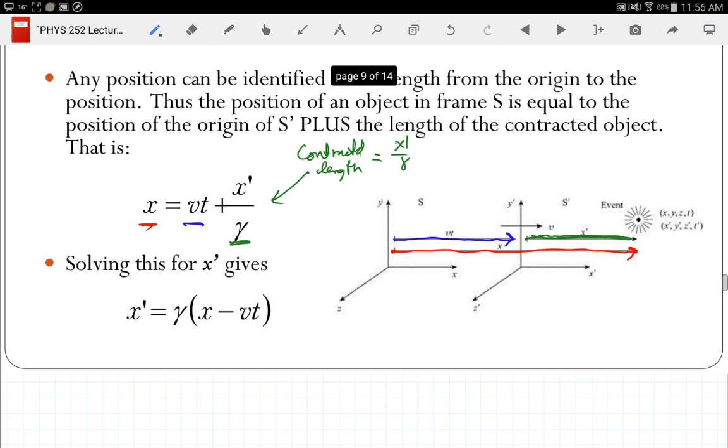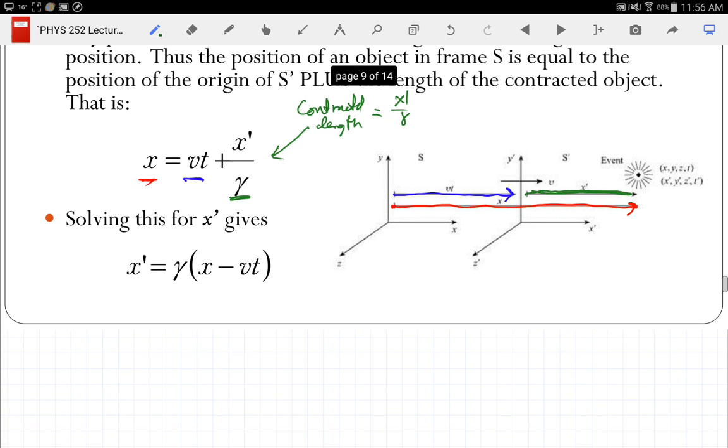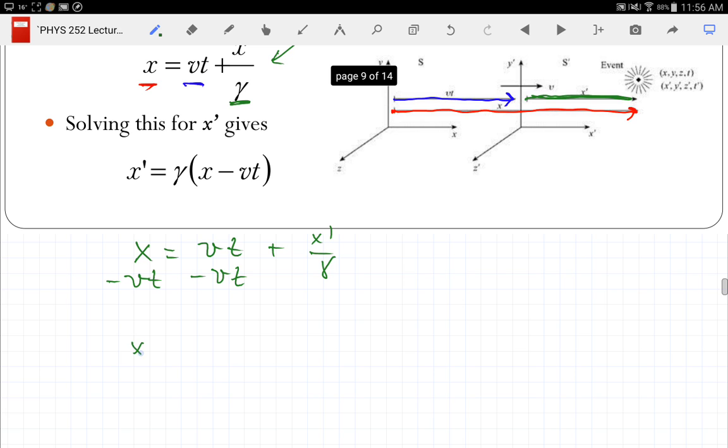Now, I'll actually show the math to solve for X prime just to make sure we're all on the same page. So I have my equation X equals Vt plus X prime over gamma. The first thing you want to do is subtract Vt from both sides. So then I'll have X prime over gamma is X minus Vt, and then clearly I multiply both sides by gamma.